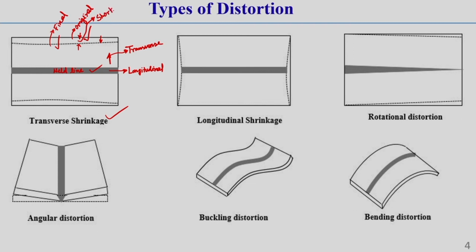It occurs perpendicular to the welding direction, that means along the transverse direction. That means the width of the plate, in butt welding, decreases. Why is it decreased? Because during solidification in the weld zone there occurs some contraction. Due to this contraction, both in the weld zone and in the base material nearby, which was heated, once it solidifies there occur contraction forces.